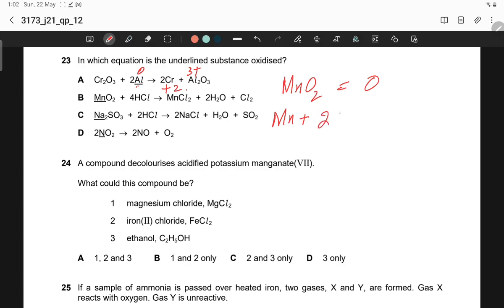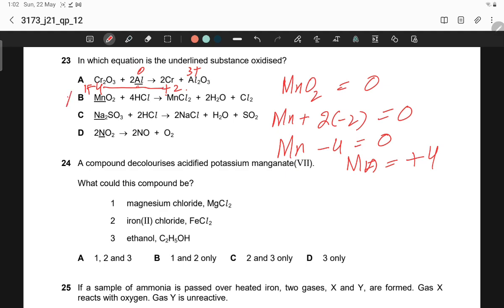Mn plus 2 times minus 2 is equal to 0. Mn minus 4 and Mn is equal to plus 4. So over here plus 4 and over here plus 2. So this is going to be reduced. This is not oxidized. This is incorrect.